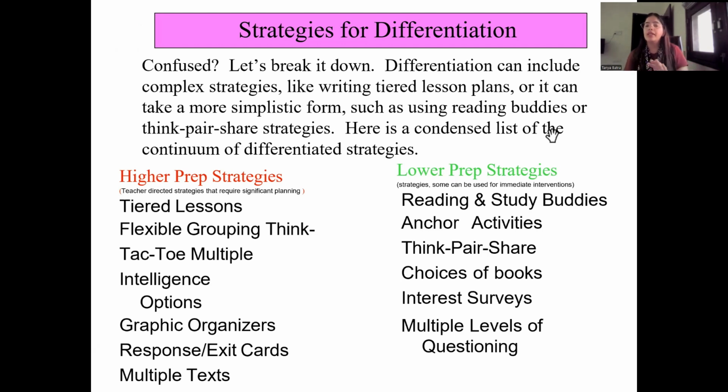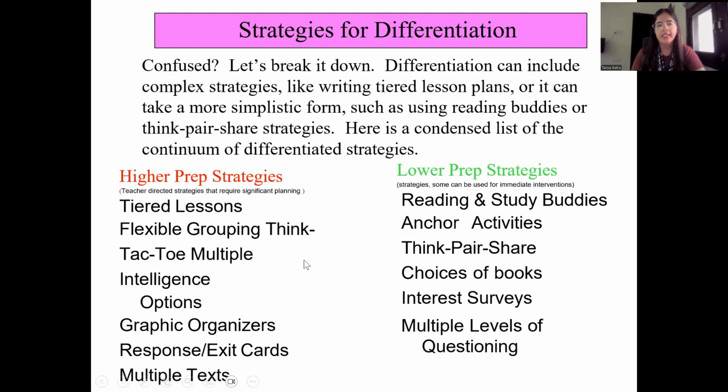Then lower prep strategies include reading and study buddies, anchor activities, think, pair, share, choices of books, interest survey, multiple levels of course. We will discuss all of these in coming slides, not to worry.